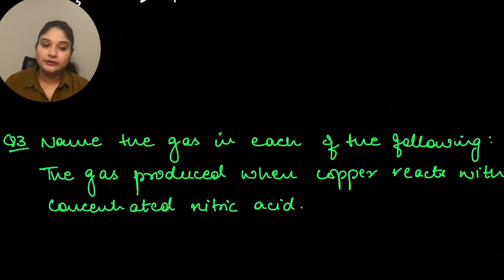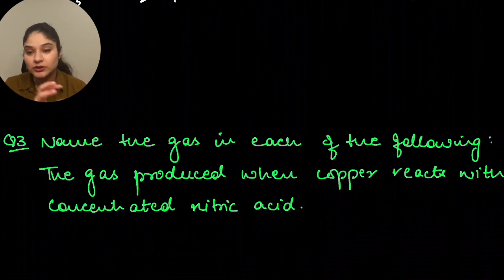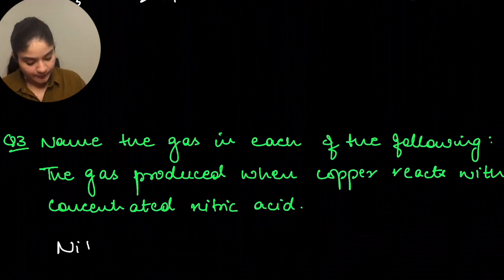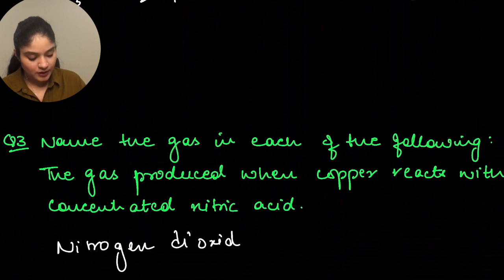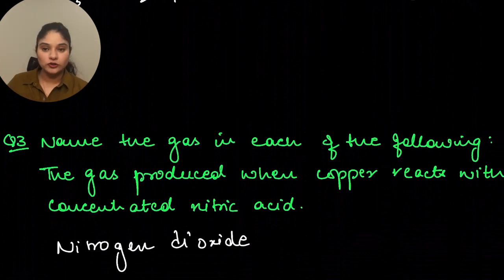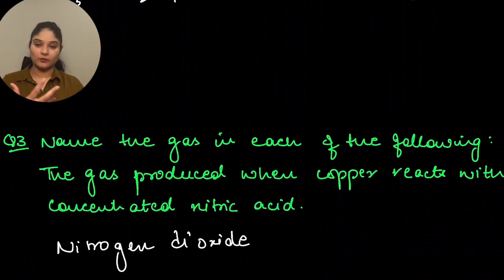So the answer for this is, now in this case you have to remember that copper is reacting with concentrated nitric acid. So when it reacts with concentrated one, you get nitrogen dioxide. Now by now, if you have also done the first part of this video, that is the important questions part 1, in that video also we have done a question in which copper is reacting with nitric acid.